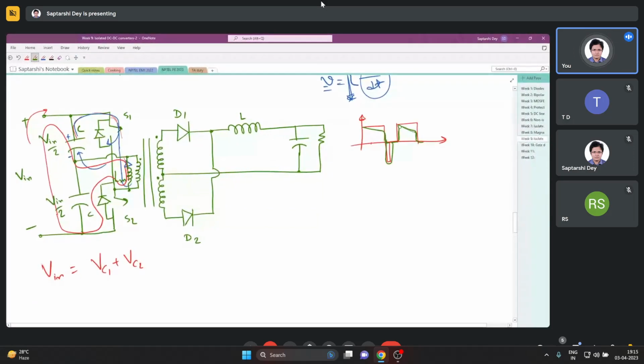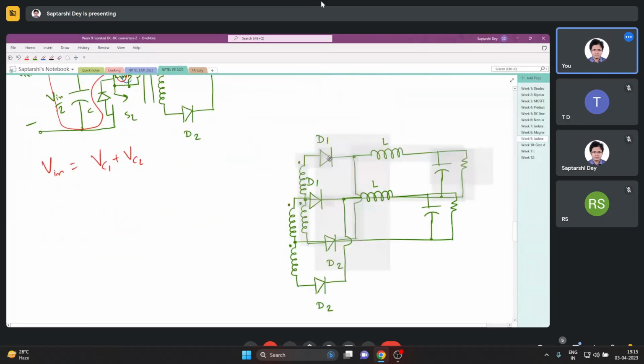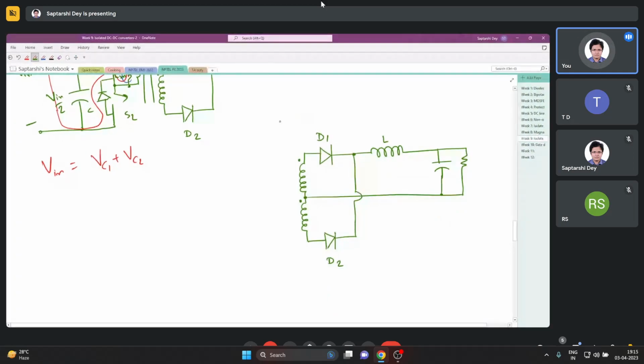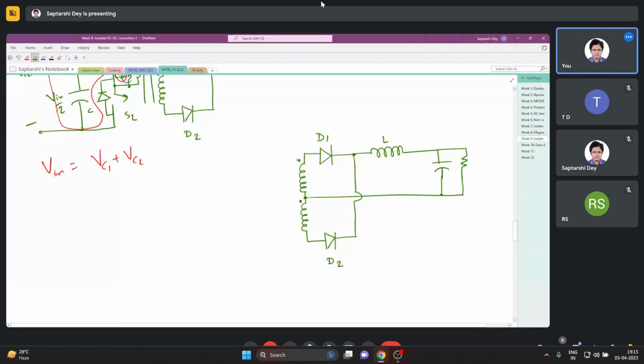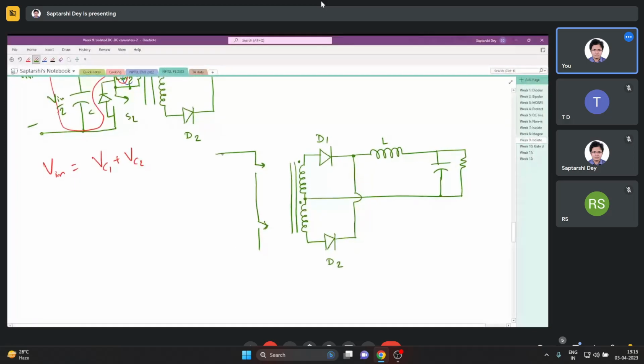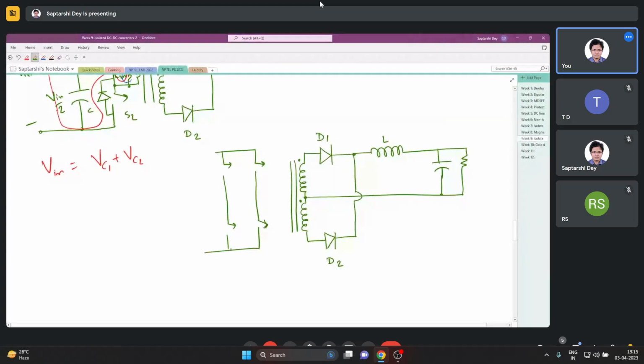So to avoid this, we go for a full bridge converter, where what we have in the primary is nothing but an inverter.